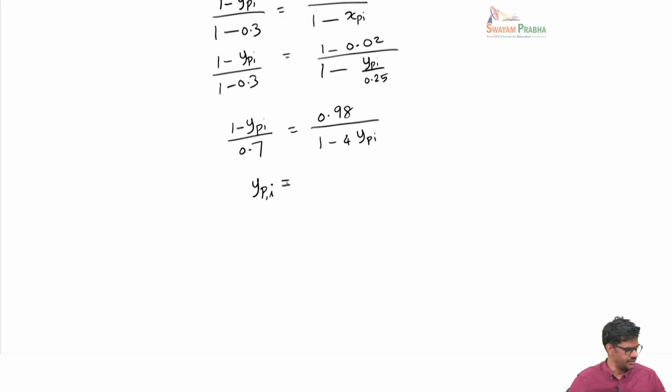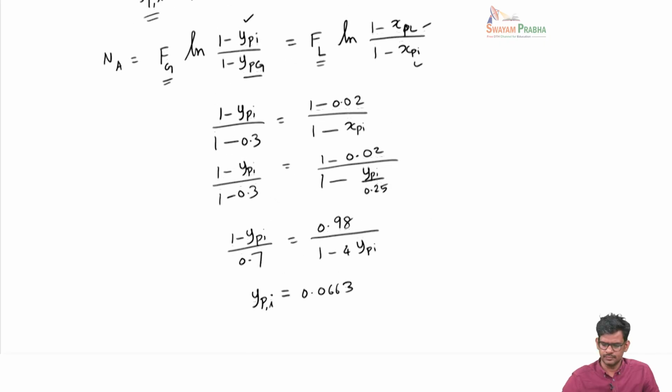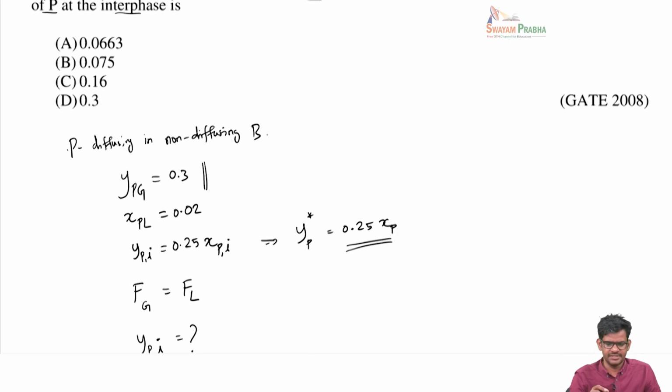I will give the answer directly, but you can solve this. You get 0.0663. So that is basically option A.